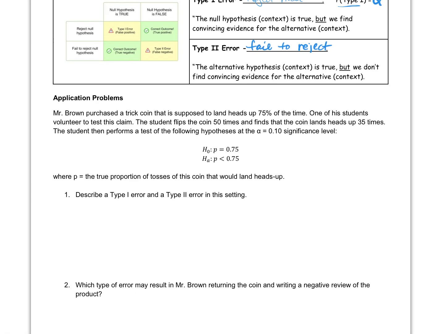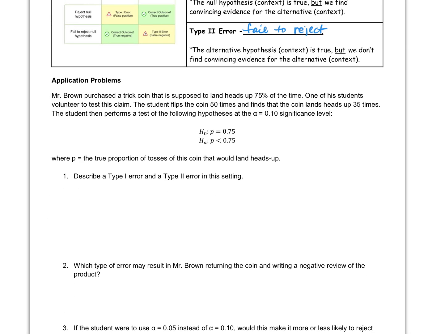All right, let's try this out. Mr. Brown purchased a trick coin. He purchased a trick coin that's supposed to land heads up 75% of the time. One of his students volunteered to test the claim. He flips the coin 50 times, and he found the coin lands heads up 35 times.